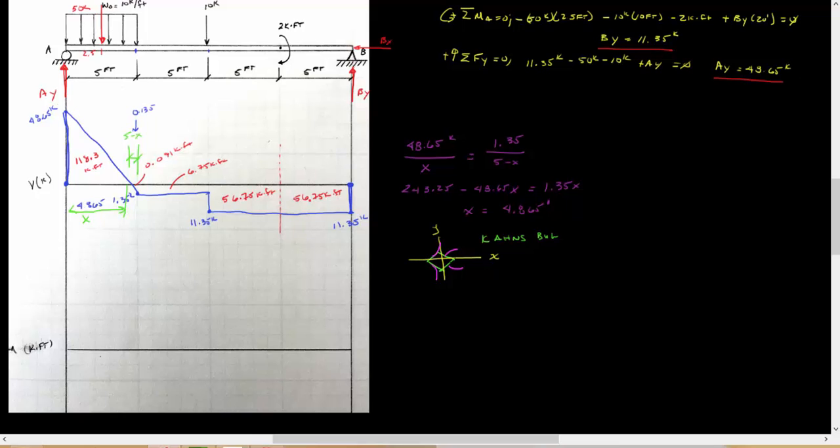So I come over here, I'm above the x-axis, and it's coming down. So my line is going to be concave up, as so, to this point right about here. It's not quite at that 5 foot. It's only 4.865 to there. And that's going to be 118.34 kip feet.